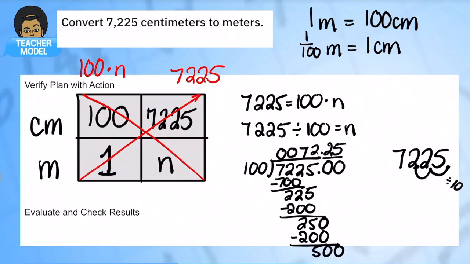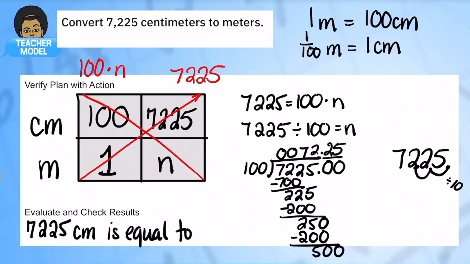When we do a conversion, we have 7,225 centimeters is equal to 72 and 25 hundredths meters. And how I would check that, I would just go back over my work and make sure that was true.